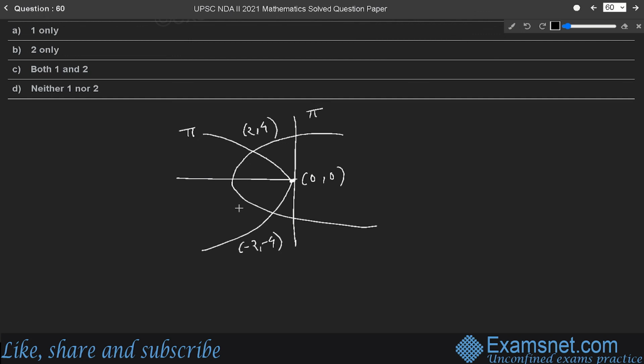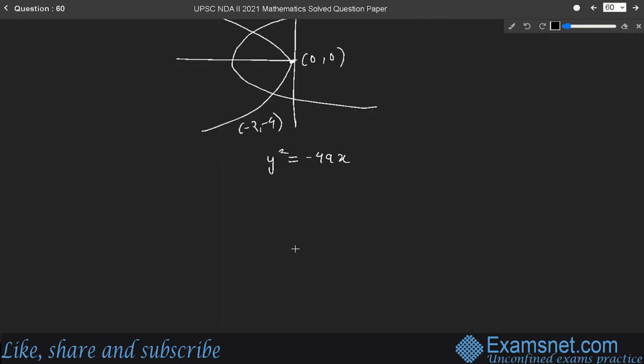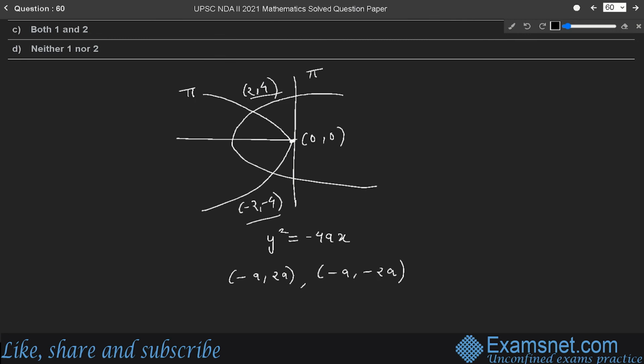And let parabola 1 pass through the origin. You can see that parabola 1 is passing through the origin. So therefore its equation will be y squared equals minus 4ax. It is the equation whose endpoints of the latus rectum will be (minus a, 2a) and (minus a, minus 2a), because the points are also in this form, as you can see from the diagram.